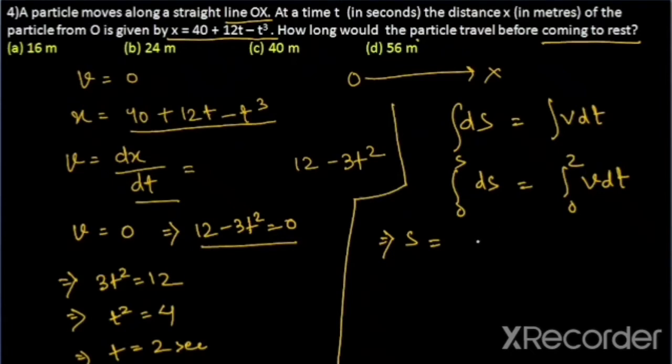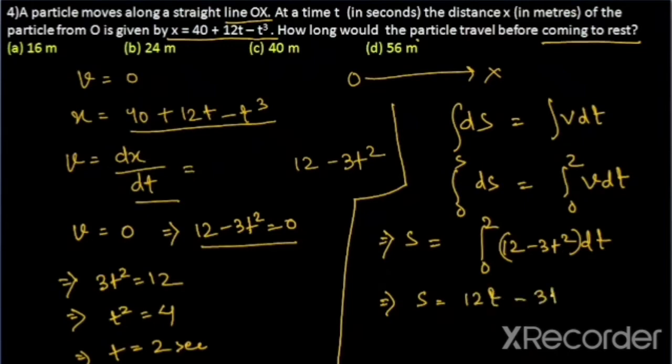Value of v is 12 minus 3t square. 0 to 2, 12 minus 3t square dt. That implies s is equal to 12t minus 3t cube by 3, from 0 to 2. So s is equal to 12 into 2, 24, minus 2 cube is 8, 8 into 3, 24 by 3.